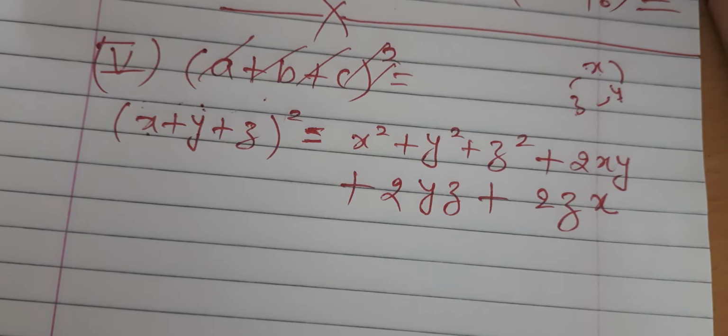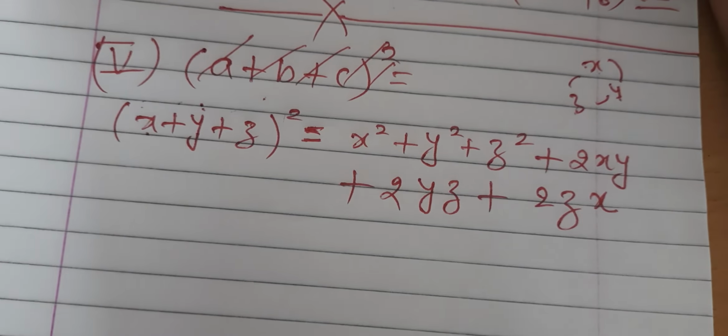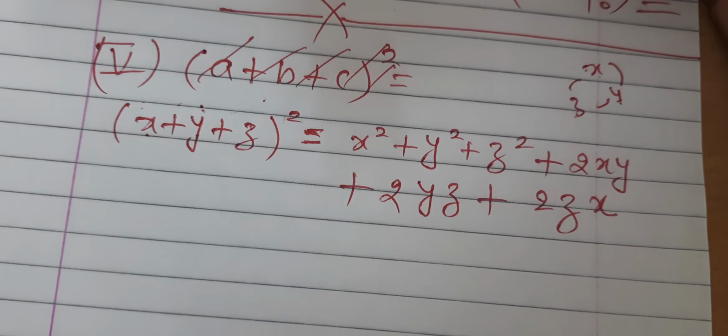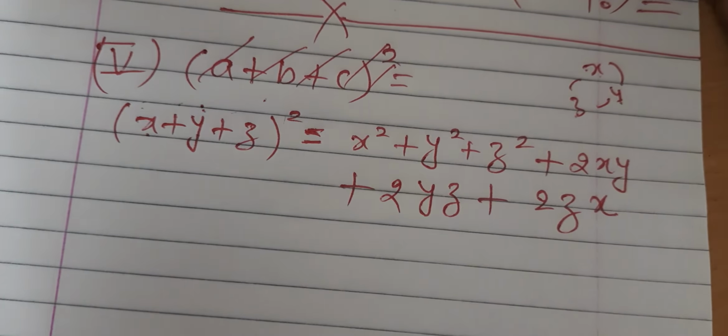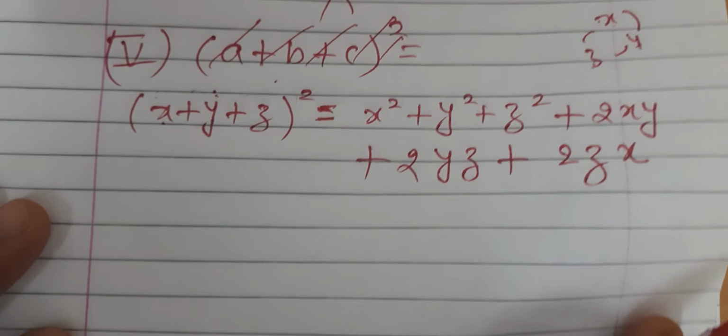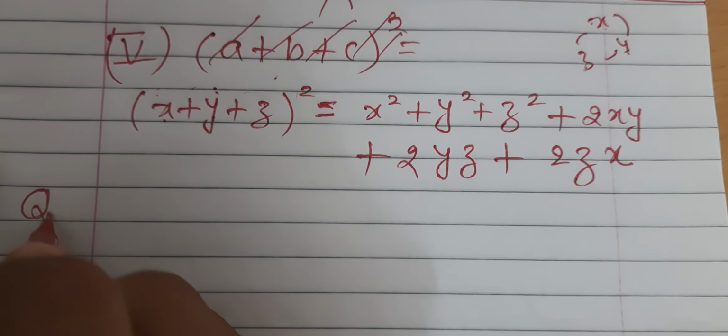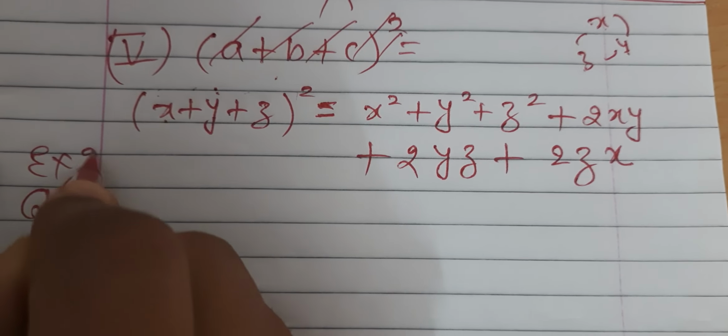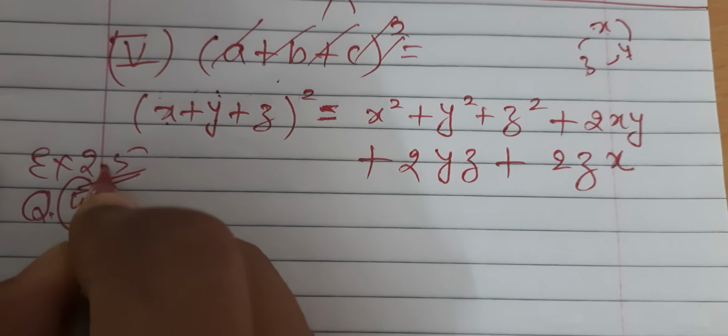Now here also we use the identity to find the product as well as to find the factors. Today we will only see the question based on the product using this identity. This is question number 4 of exercise 2.5, the last question.